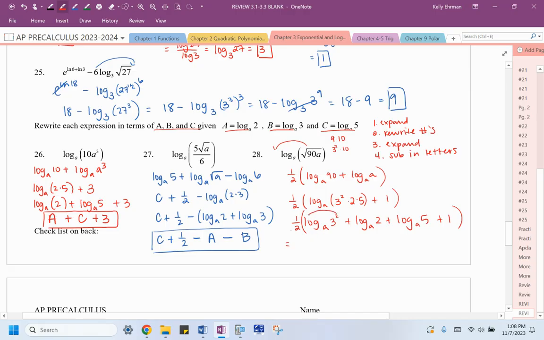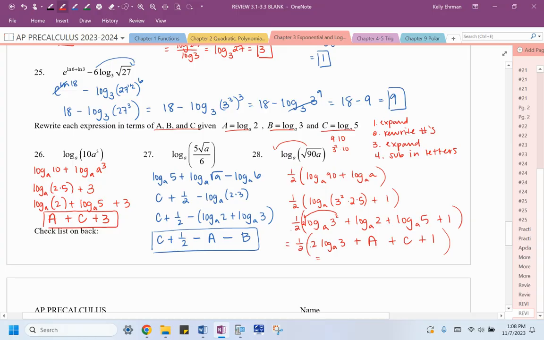This 3 squared, the 2 can come out front. So we're going to have 1/2 times 2 times log base a of 3. And then I'm just going to sub in letters for these other ones. And final thing, 1/2 times 2 is 1.